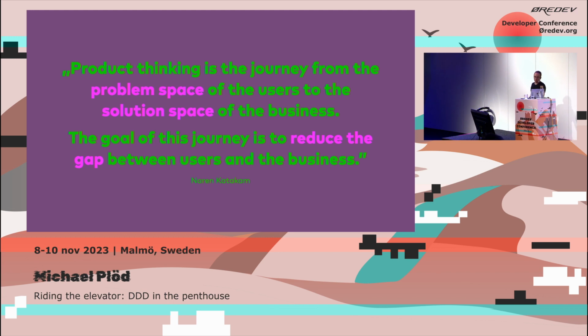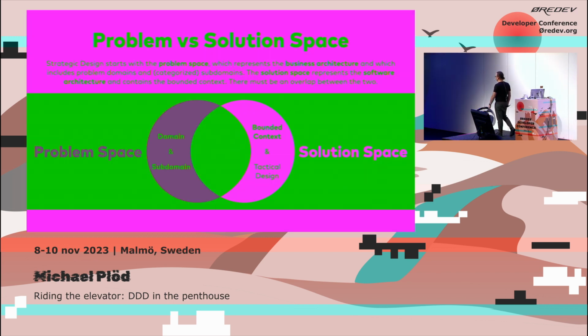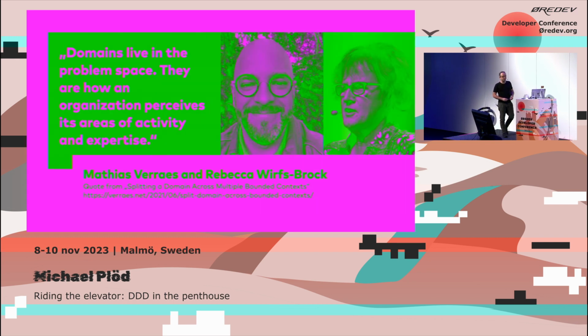He mentions problem and solution space. The domain-driven design world also mentions problem and solution space and has equivalent ideas. Domains and subdomains are in the problem space, bounded context and all the technical DDD stuff is in the solution space. Now, what are domains?